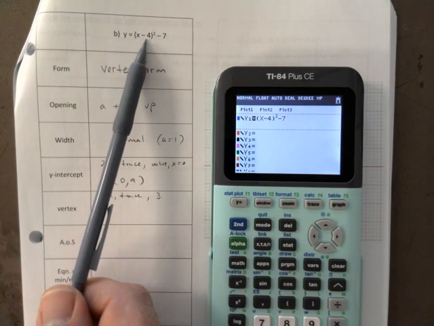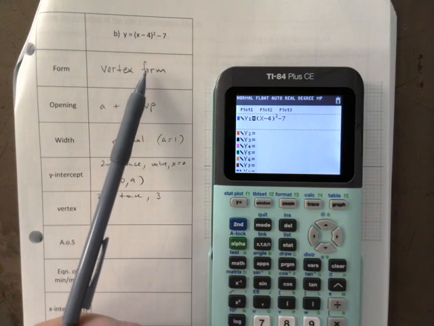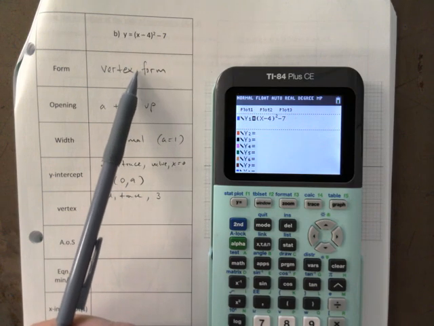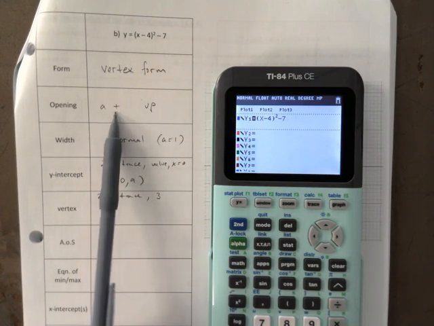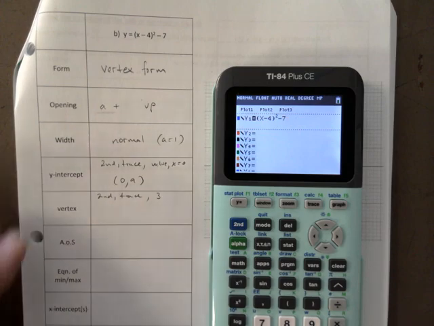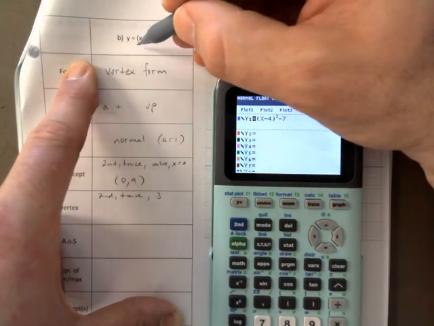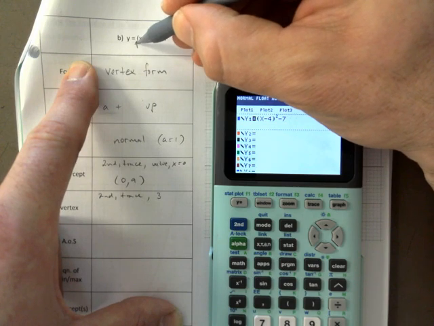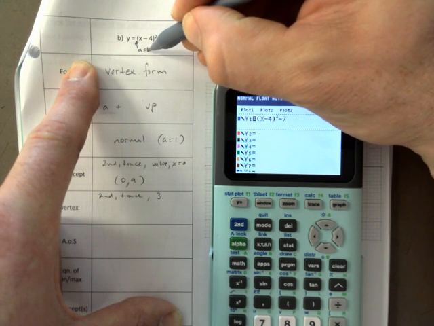There's only one set of brackets, so that's the vertex form. Okay. It's opening up because A is positive. It has a normal width because A is located right there. That's where A is located, and A is equal to 1 in this case.